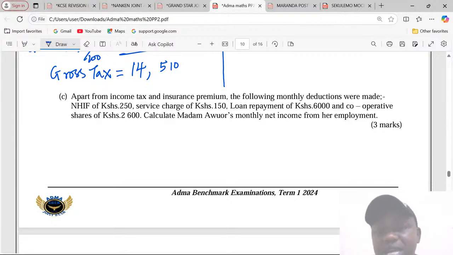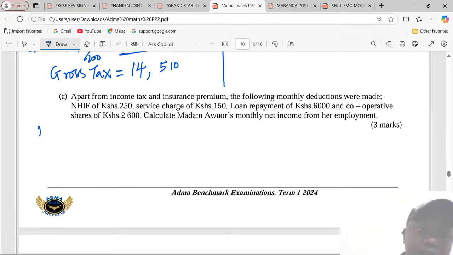Then now we are being given other deductions: NHIF 250, service charge 150, loan repayment 6,000, cooperative shares 2,600. Calculate Madam Awuor's monthly net income from her employment.